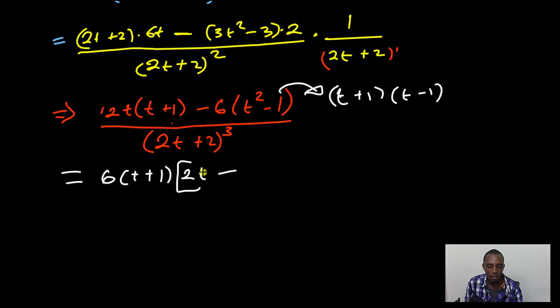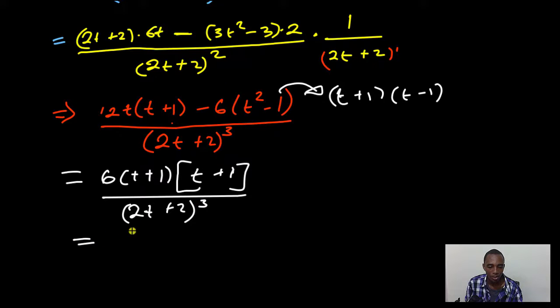So it turns out that I just have t plus 1 here. Okay, nice. All this is divided by (2t plus 2) to the power 3, which simplifies further to 6 into (t plus 1) squared, divided by (2t plus 2) to the power 3.